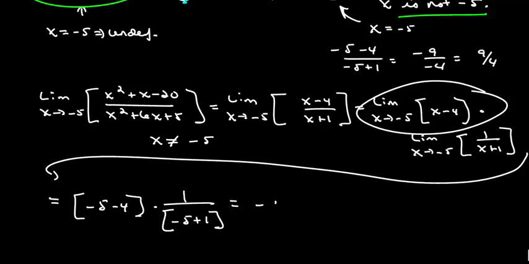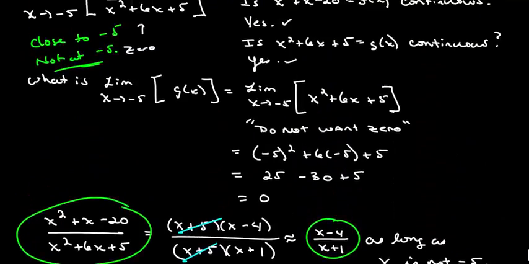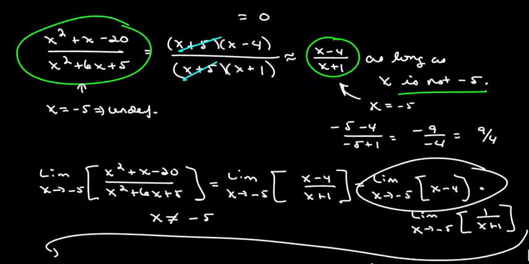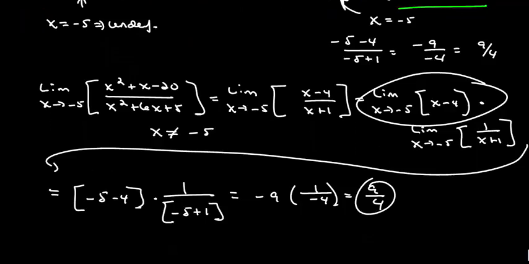So that'll be negative 9 times 1 over negative 4, which is equal to 9/4. Again, we need to see all of this. This is how you're computing the limit. And so our answer is 9/4.